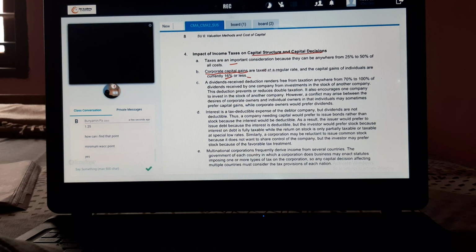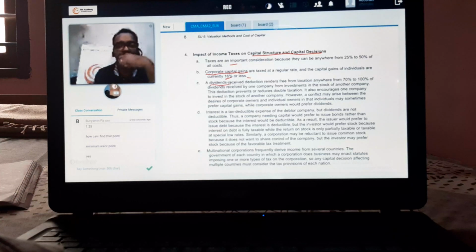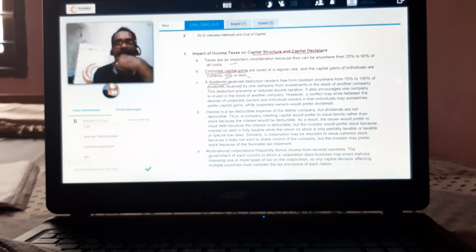Now, another money you get is dividend. Imagine I don't sell any share, but I get dividends from the company. For the company, the dividends are not tax deductible, right? You arrive at a P&L, you pay the taxation, you get net income. Out of the net income, you pay dividend.